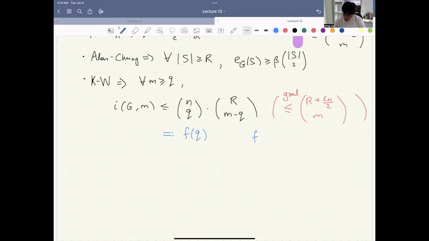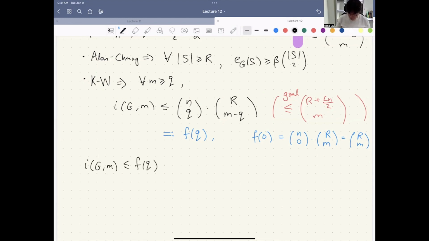What is f(0), for example? f(0) is N choose 0 times R choose M minus 0. This is just R choose M, since N choose 0 is 1. In this way, I_G(M) is at most f(Q). But what is f(Q)?